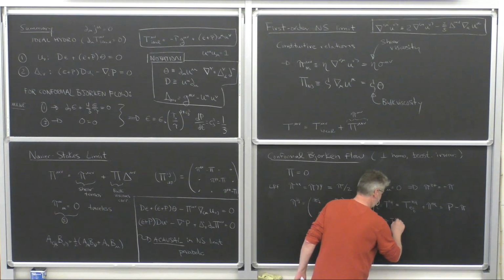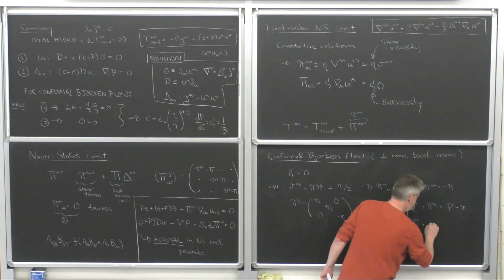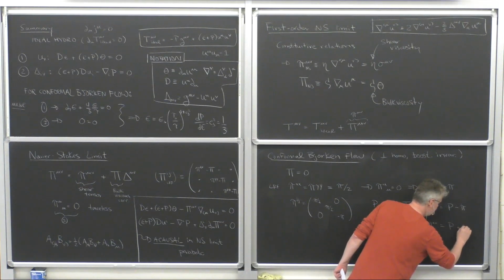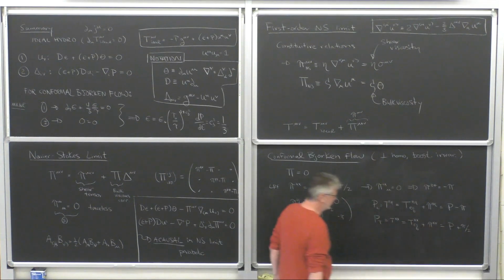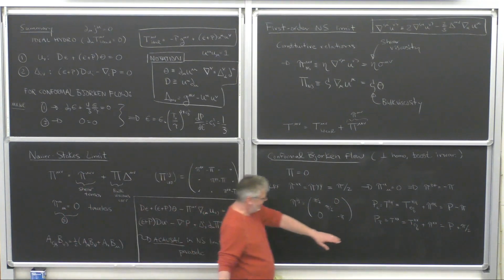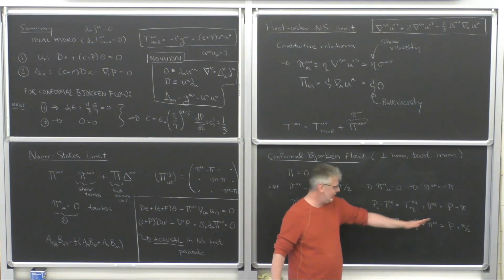You can write this as TXX, right? So it's going to be the equilibrium TXX plus pi XX, and it's going to be P plus pi over 2. And in this case, you can evaluate TYY or TXX. There's a symmetry, so it doesn't matter. You'll get the same answer.